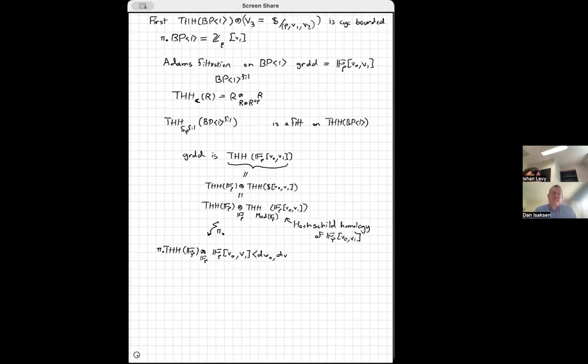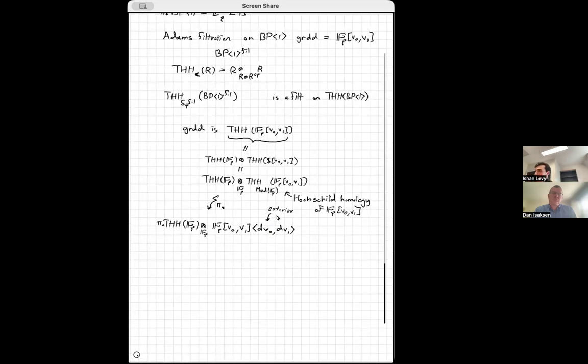So this is just my notation for exterior classes. Okay, so that's how you compute.